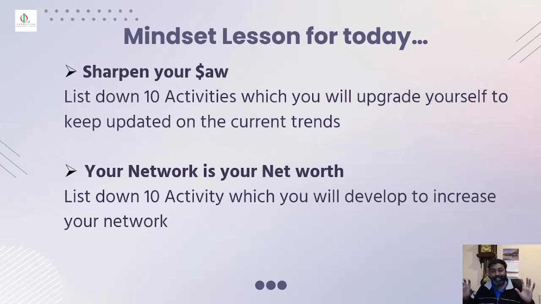As I said earlier, it's not only the skill set, you also in parallel have to develop your mind as well. So sharpen your saw. It means you need to upgrade yourself to get more output out of you. So list 10 activities that you want to upgrade yourself in. We are talking in terms of embedded systems.